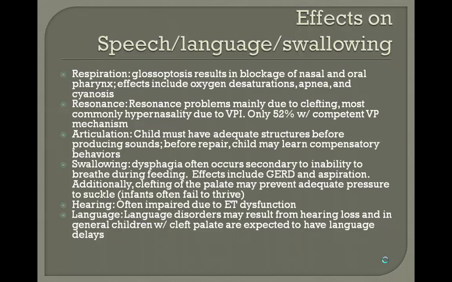Some of the effects include gastroesophageal reflux and aspiration. In addition to that, the clefting of the palate might prevent the child from adequately sucking due to not being able to create that oral pressure. The infants with Pierre sequence are known to have failure to thrive.